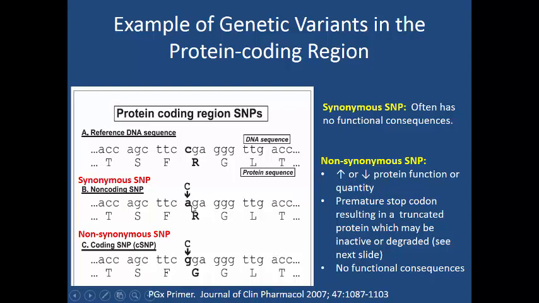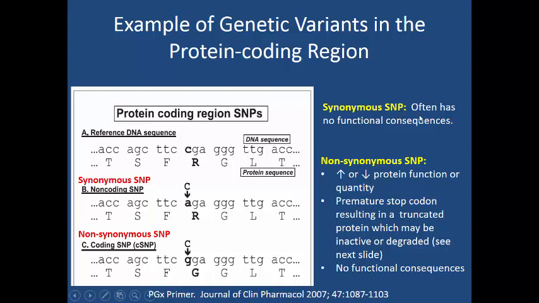And if we move down to the second copy here, we see AGA. This C/A difference between people is a single nucleotide variant, but you'll notice that it results in the code for the same amino acid. So again, that's called a synonymous single nucleotide polymorphism.